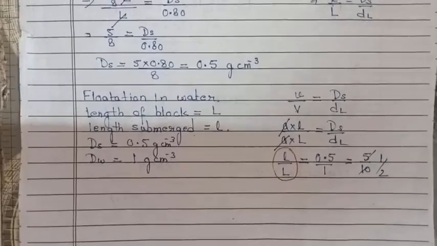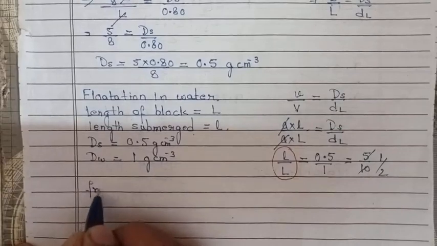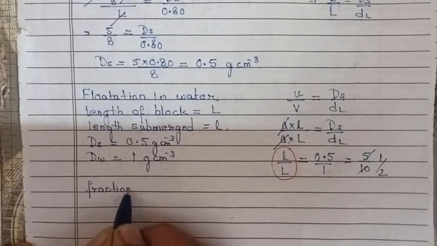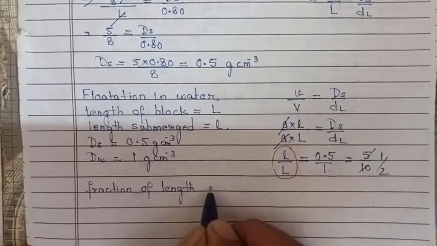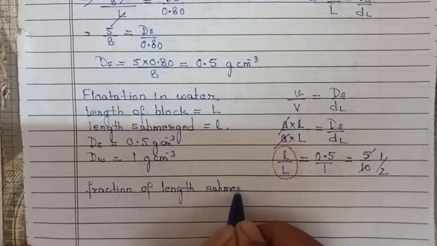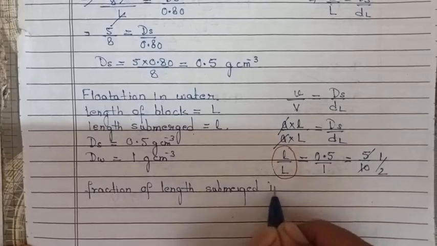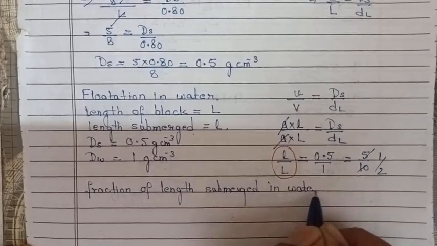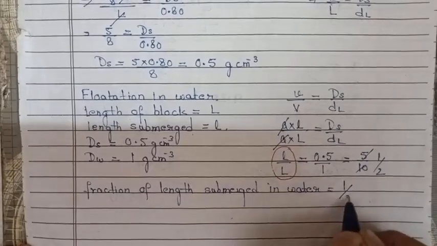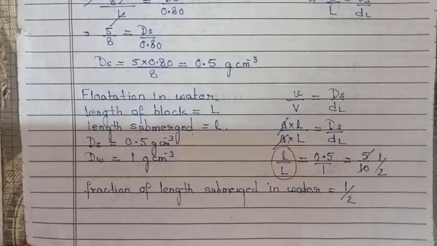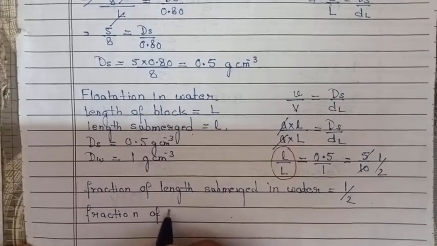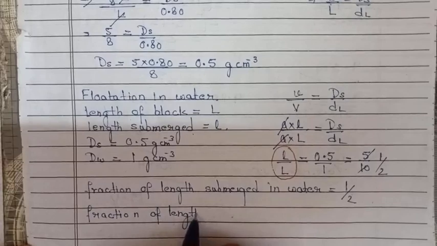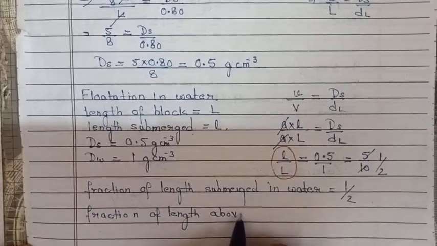So what we have calculated here is the fraction of length submerged in water, that is 1 by 2. Now what we have to get is the fraction of length above the water.